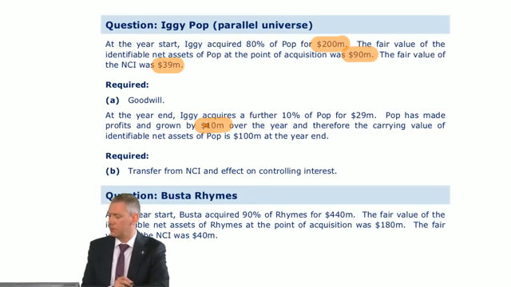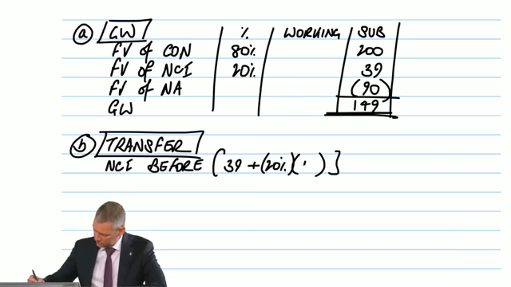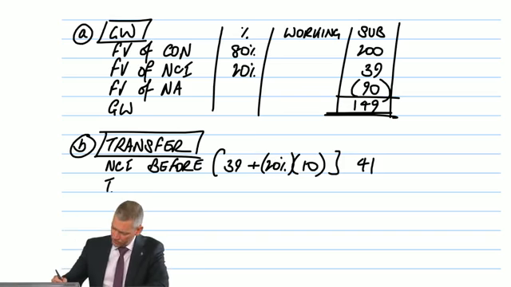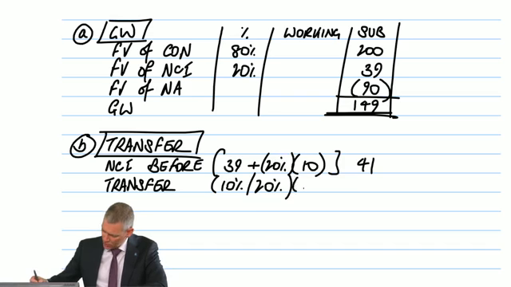There's the growth. And the transfer is 10% of, 20% of, 41.